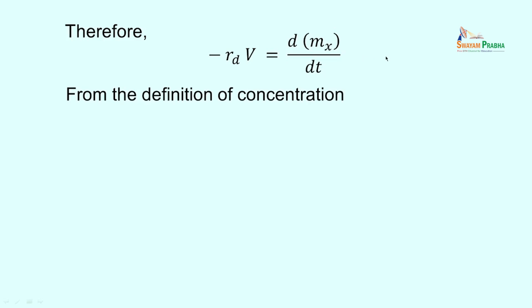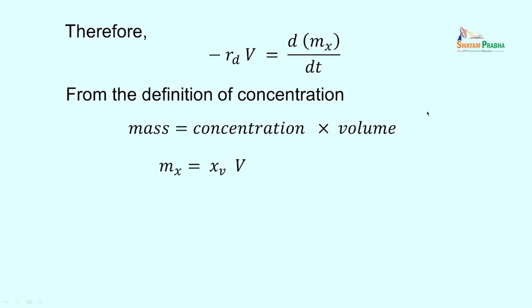Now, from the definition of concentration, mass is nothing but concentration times volume, or in other words, concentration is mass by volume, that is the definition. And therefore, m_x, which we have here, is X_v, the concentration of viable cells, into the volume.